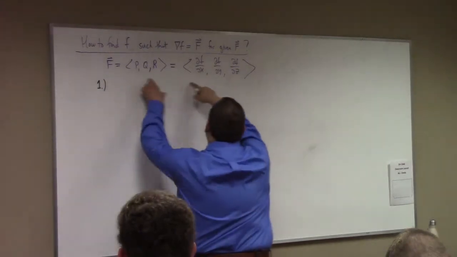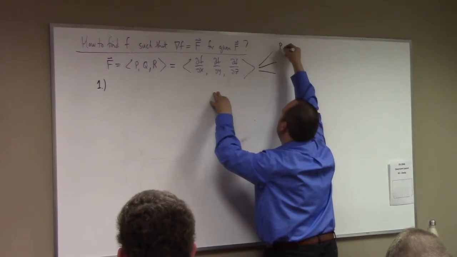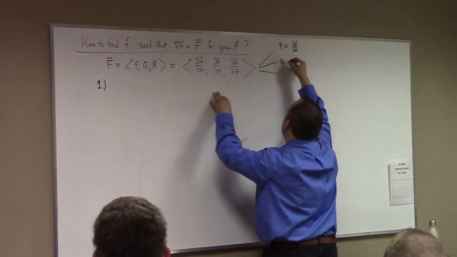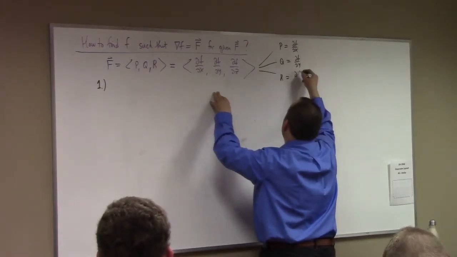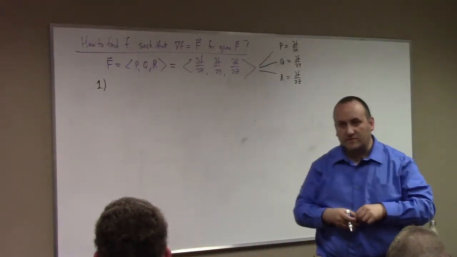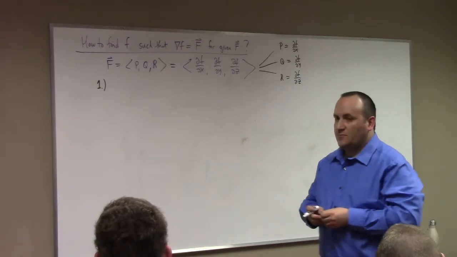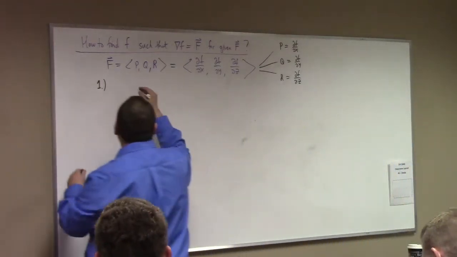See, because this equality is 3 things, right? It's P is partial f partial x. It's Q is partial f partial y. It's R is partial f partial z. You need to solve all 3 of these partial differential equations simultaneously, right? But these are pretty simple partial differential equations, so we have a method which is kind of ironclad.